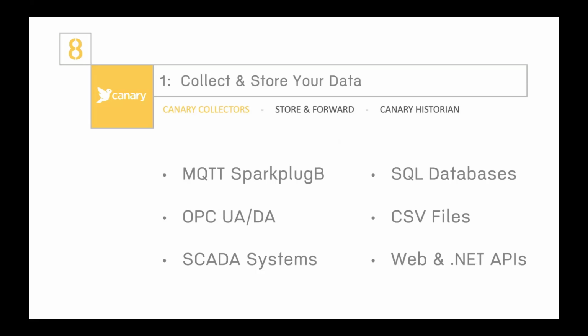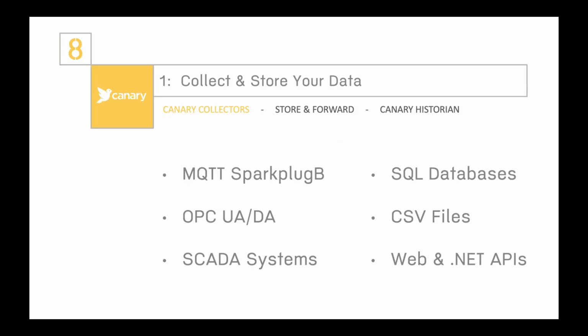They do have a collector to support the MQTT Sparkplug B implementation of MQTT. Great for those remote assets, those remote pump stations that you want to get into your enterprise solution, as an example. They do also have the capability to connect to OPC UA and still the legacy OPC DA component to get that data from an OPC server into the Canary Historian.